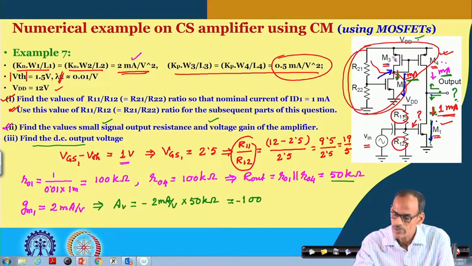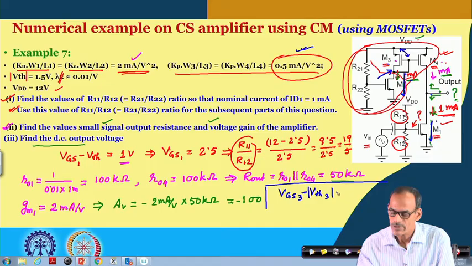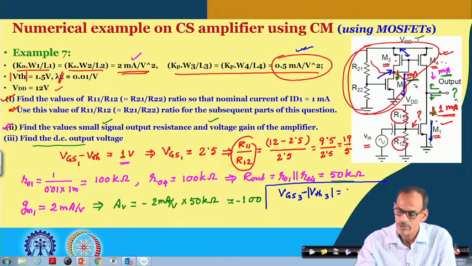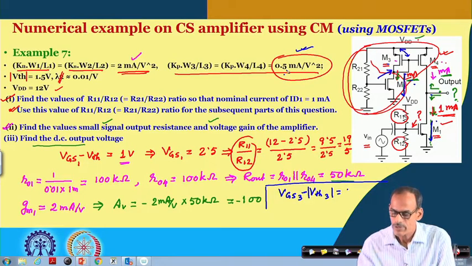If you calculate the VSG of this transistor by considering its size and the corresponding current here, you can find VSG of transistor 3 minus VTH of transistor 3, since it is PMOS we should consider magnitude, is equal to, since the current is 1 milliampere, K into W by L is 0.5, VGS minus VTH squared equals 4, and VGS minus VTH becomes 2.